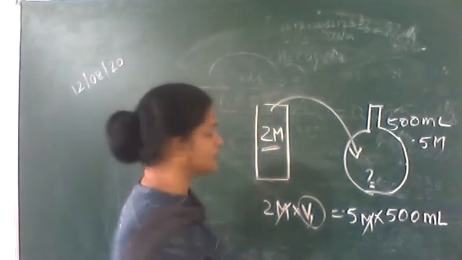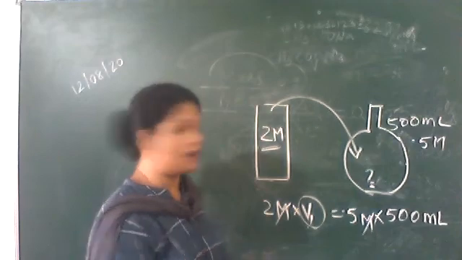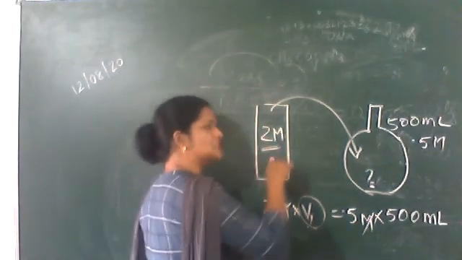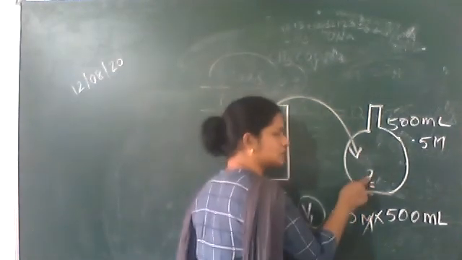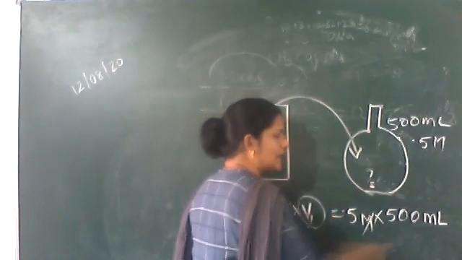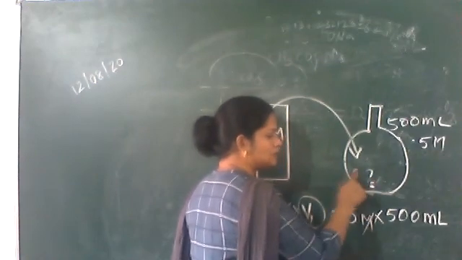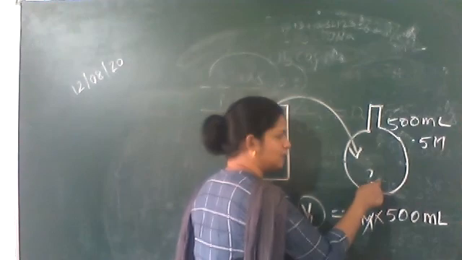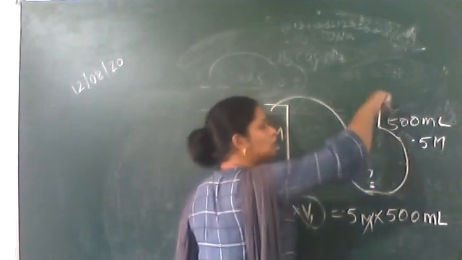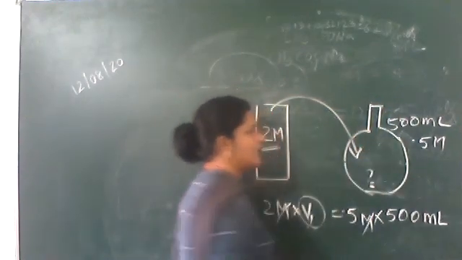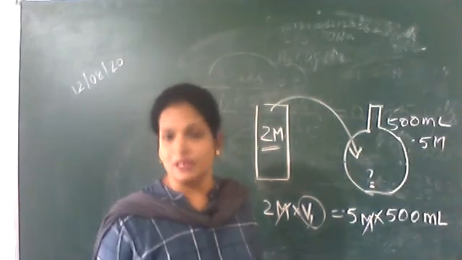Finally, you'll be getting V1, that is the volume of this stock solution to be transferred. Then you keep on adding water to fill this and shake it well for uniform concentration.